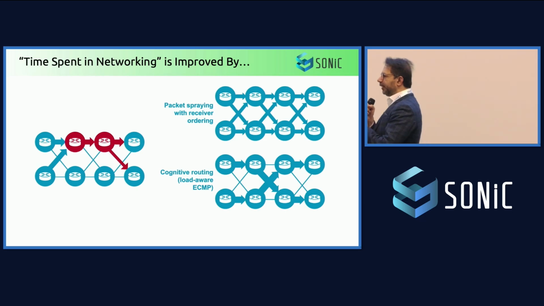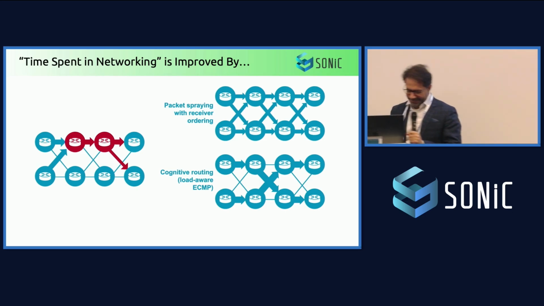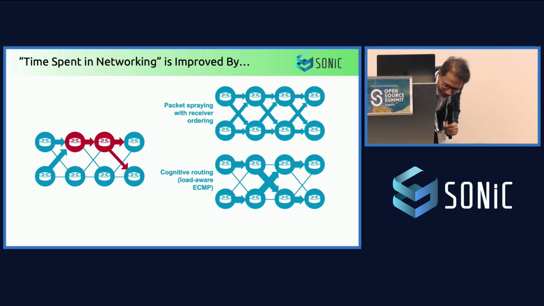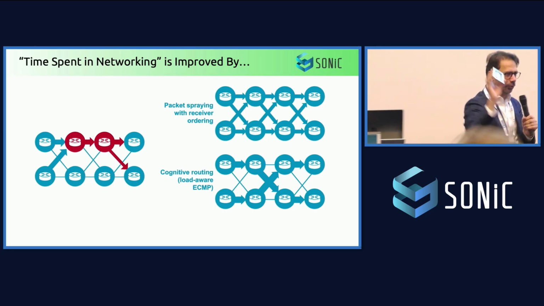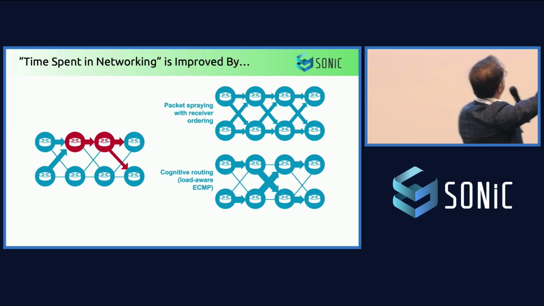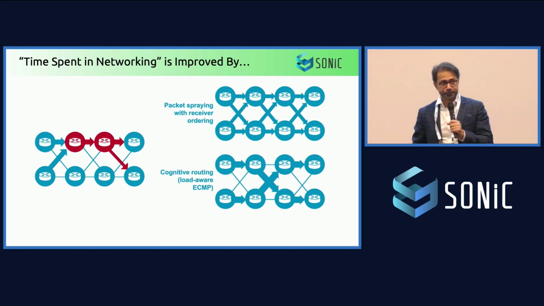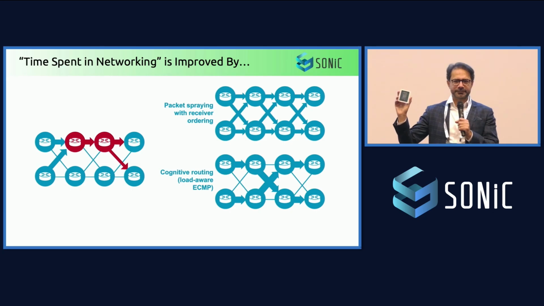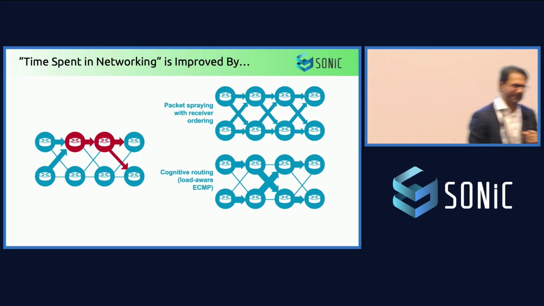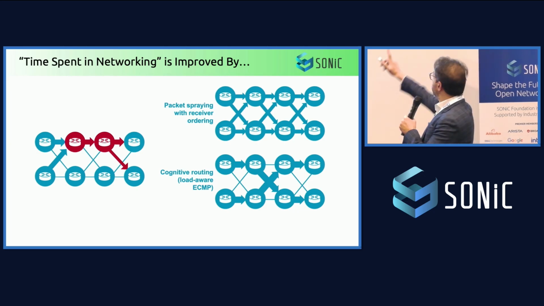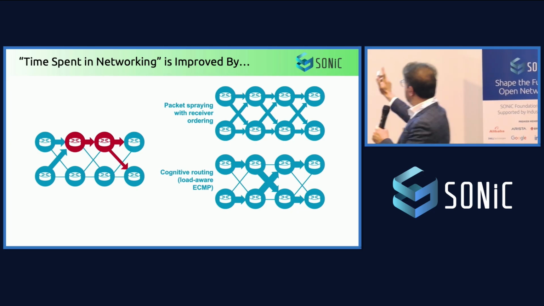With packet spraying, you can say it's a marketing term, we say you can get perfect load balancing. By the way, this is a Jericho 3 AI silicon, which supports this type of mechanism. I love posing for pictures. So when you're using that technique, you get very good load balancing.